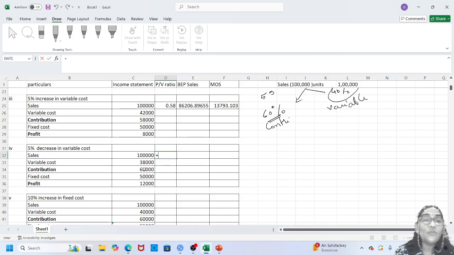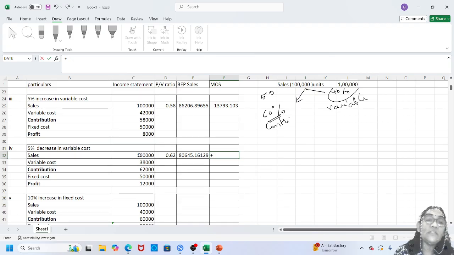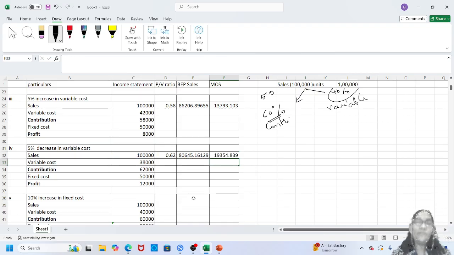So what will happen to the PV ratio? It will increase because your variable cost is decreasing. And your BEP will also change because of the change in the PV ratio. It will now become 80,645. Margin of safety will be sales minus the BEP, that is the break-even point.